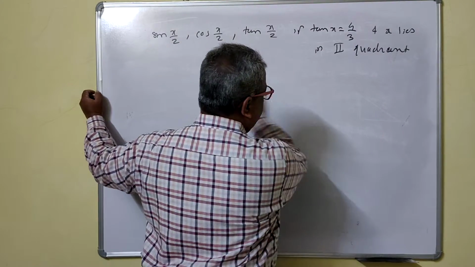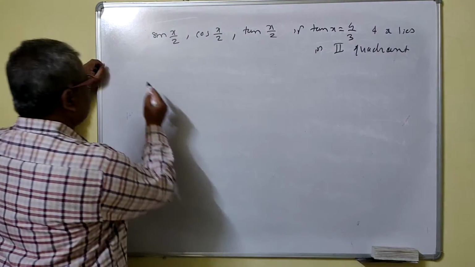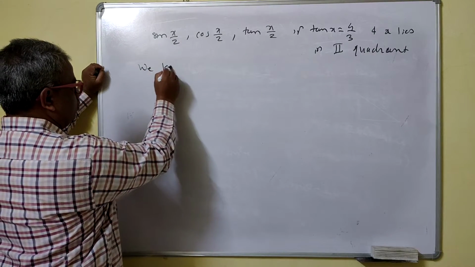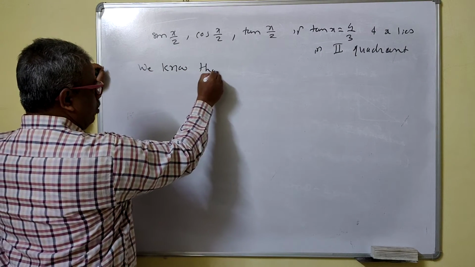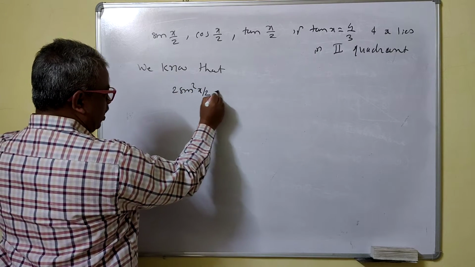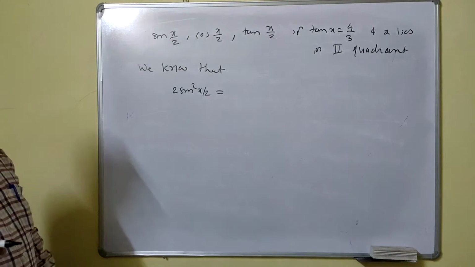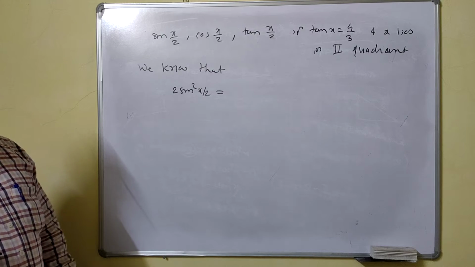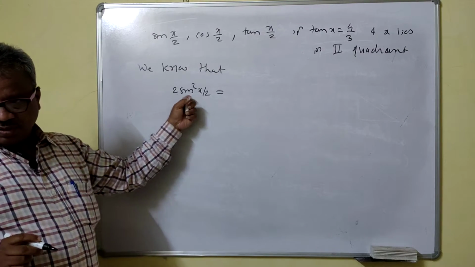We'll write the formula now. We know that 2 sin square x by 2 is equal to, see, 2 sin square x. This is how to write it.